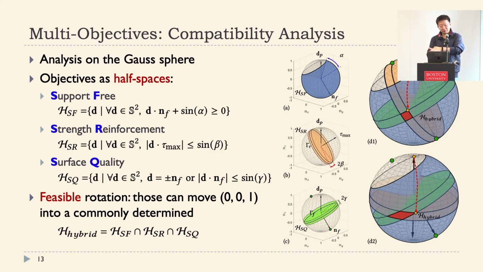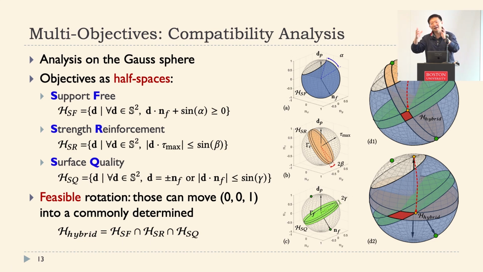And then for surface quality, you have the third half space. Our analysis shows, at least locally, all these three half spaces have a common region. That means for every local region, you have at least one solution which is able to satisfy them, or multiple actually. So all those red regions are possible solutions to making all three requirements satisfied.